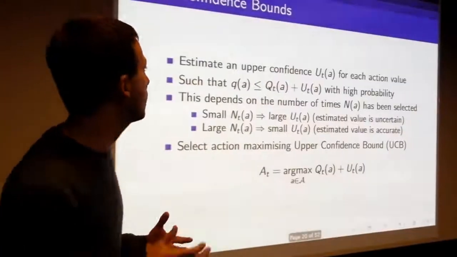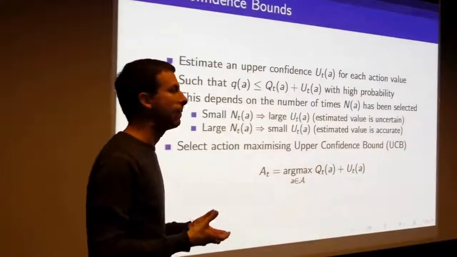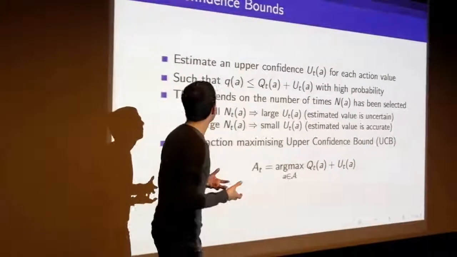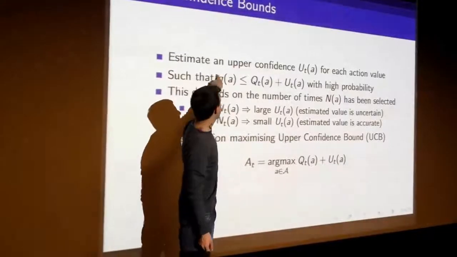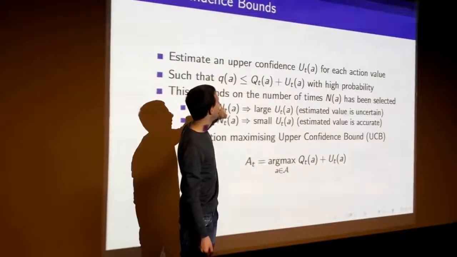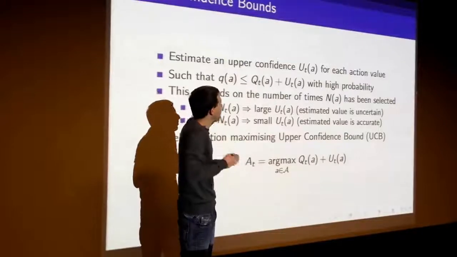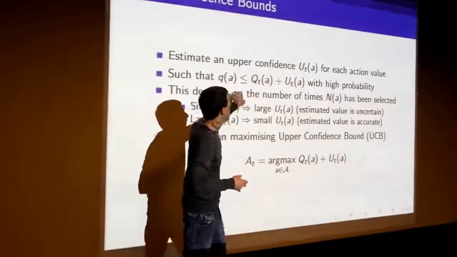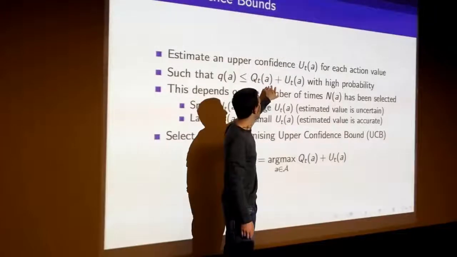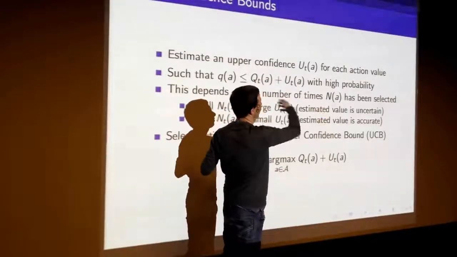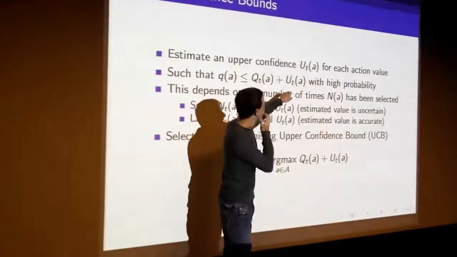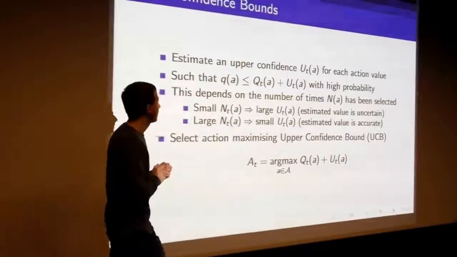We're going to pick the thing with the highest upper confidence value. That basically means we want to pick something where we're really confident that the true action value, Q(a), is less than our upper confidence bound. So we're going to pick an upper confidence bound, this 95% confidence range, and pick the thing with the highest upper confidence value.